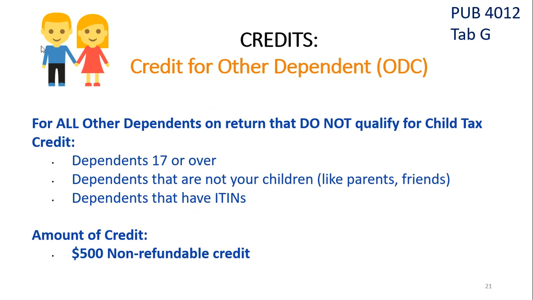And they're not related to, like, your children, they're your parents or your friends. So basically a qualifying relative or a qualifying child who's already 17 or has an ITIN. And the most you're going to get is a $500 non-refundable credit. So all it can do is pay your tax liability, but $500 to pay your taxes is pretty sweet.